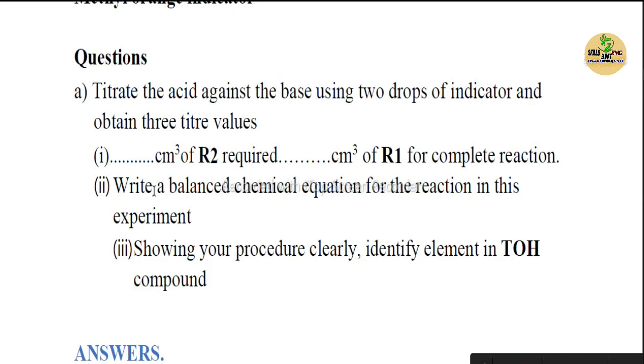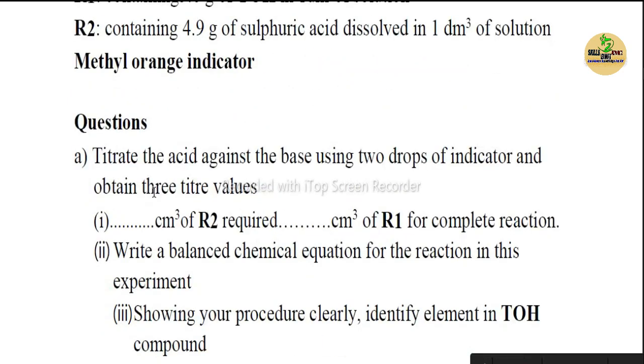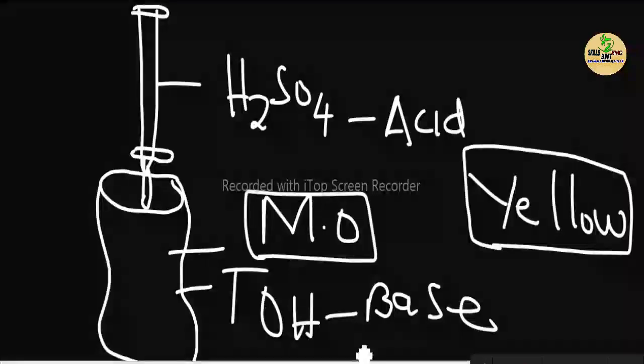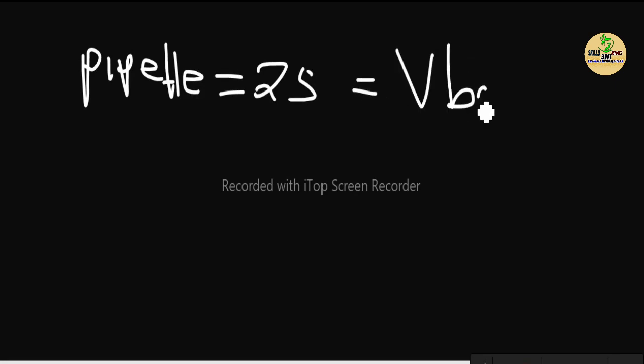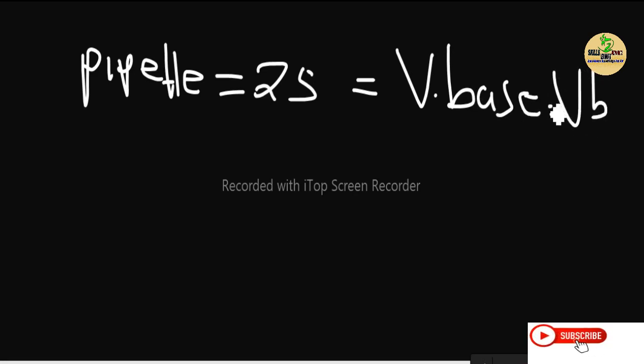The pipette used for measuring the base is 25, and this represents the volume of base, VB.